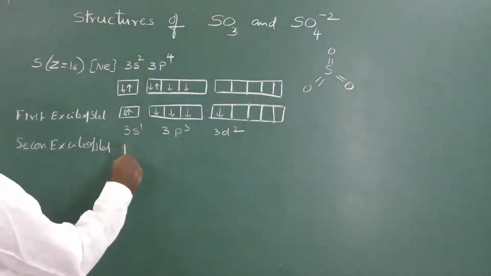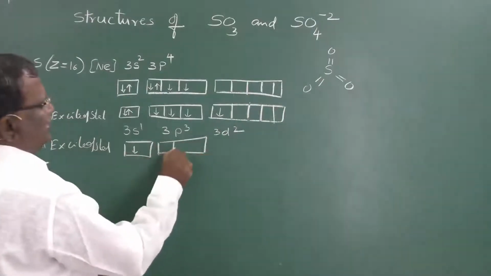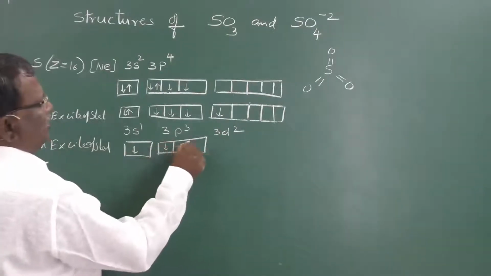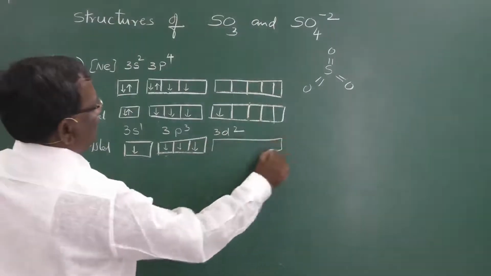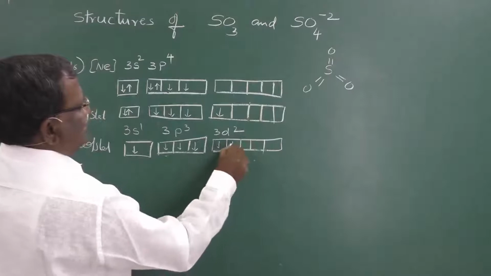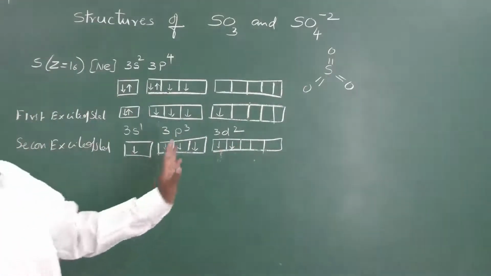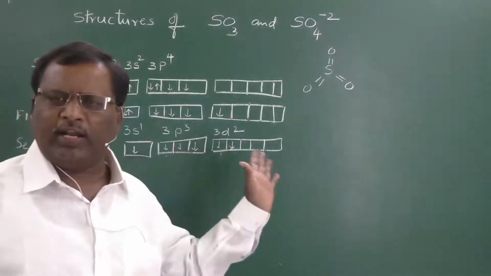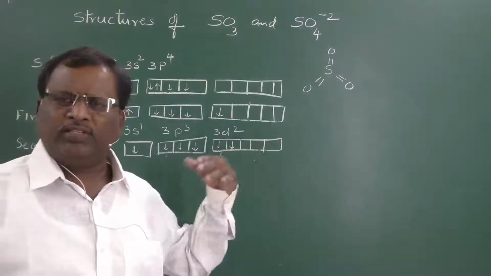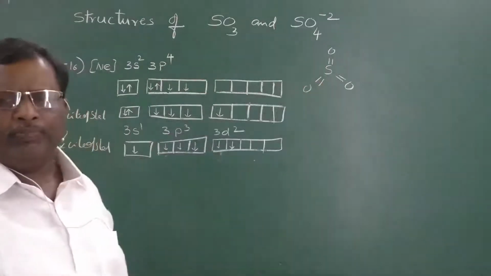So, 3s1 means 1 electron in the s orbital, 3p3 means 3 electrons in the p orbitals, and 2 electrons in the d orbitals. Now, we have 6 unpaired electrons, so that it can form 6 bonds. Now, if you observe the structure, here we have double bonds.